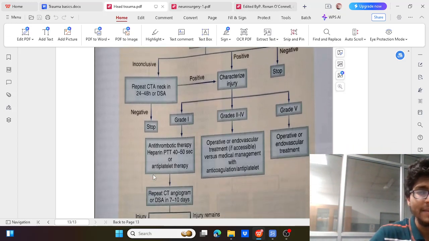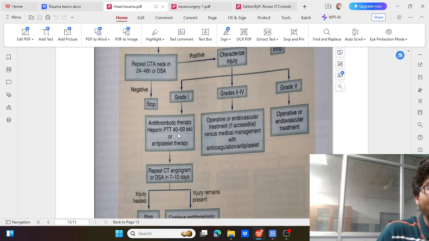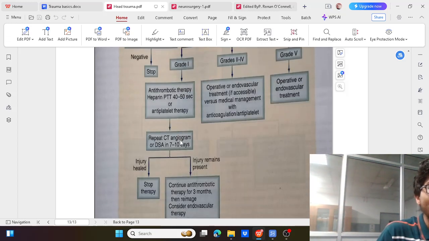So now, depending on the grade of the cerebrovascular injury, in grade 1, we'll go for antithrombotic therapy or antiplatelet therapy, antithrombotic therapy with heparin, where we'll maintain the PTT at 40 to 50 seconds, or antiplatelet therapy, then repeat CT angio or DSA in 7 to 10 days.